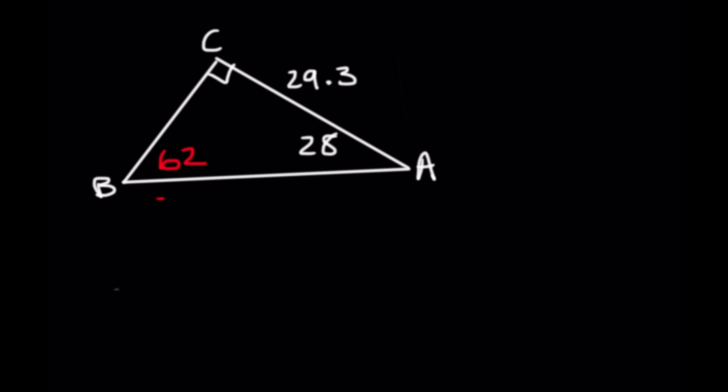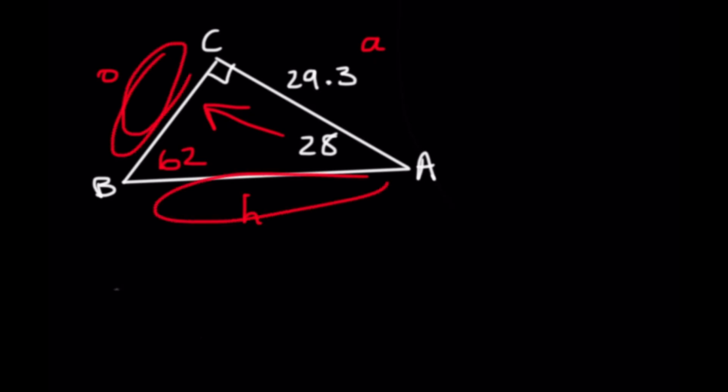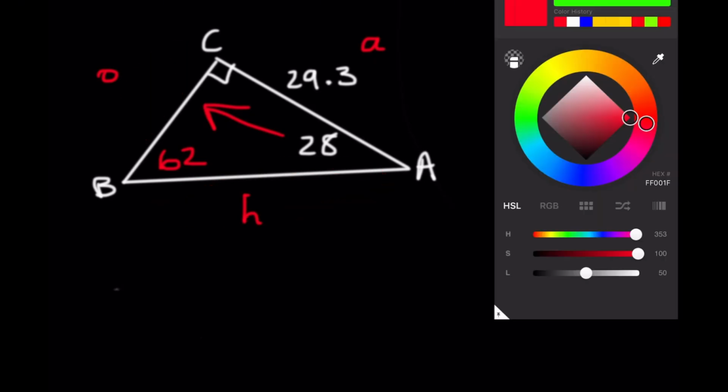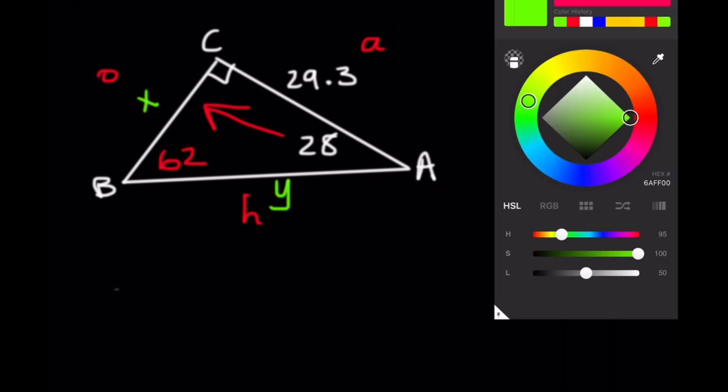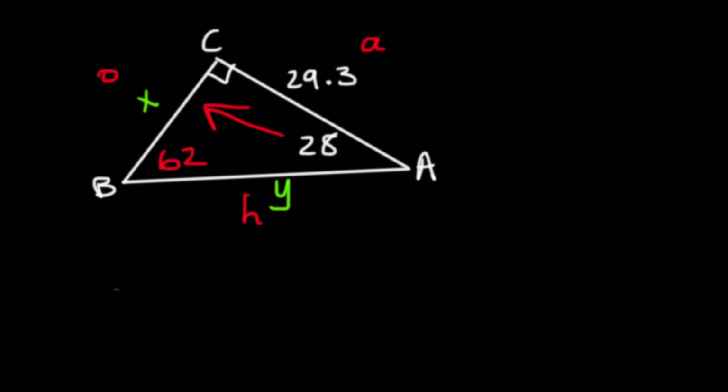And so we can use SOHCAHTOA here. We can use it for this angle or this angle, but let's use 28 here because it's given. So this is opposite, this is adjacent, and this is hypotenuse. So this side, or we could do this side, but let's label them. So I'm going to label this X and this Y, so we know which side is which.